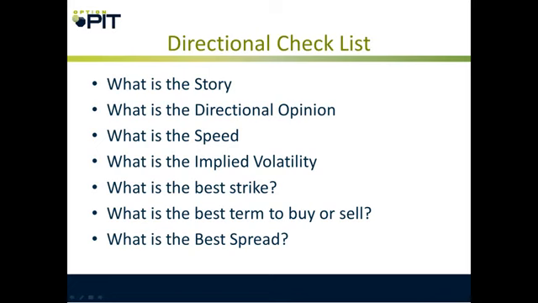So how fast are things moving? All right, then what is the implied volatility? That is, how much does the insurance cost? And now someone asked, well, what about best strike, best term, and what's the best spread? Do I do in the money, at the money, out of the money? Do I do near term, long term, what month, and what is the best spread?